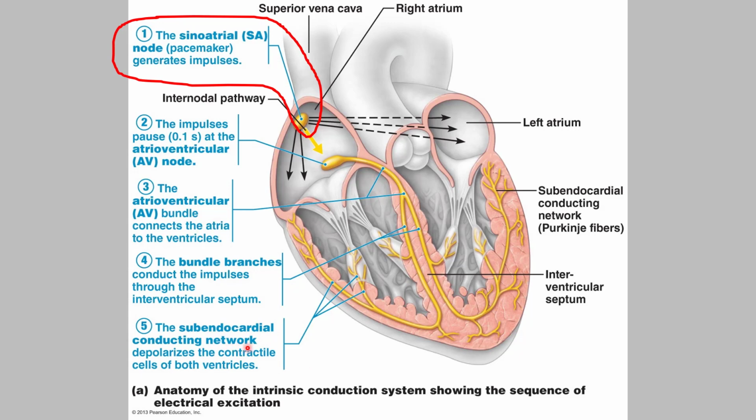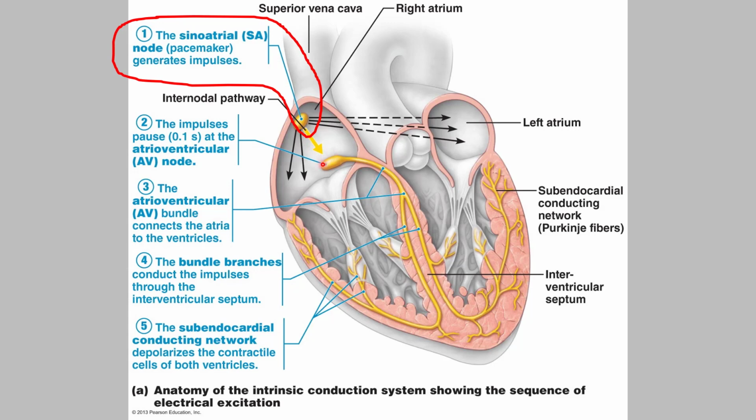Now, what we are going to see in the next lecture is that this SA node generates electricity. It causes its own action potential. And since it's embedded in other types of muscle cells, and all muscle cells are electrically conductive, when the SA node generates an action potential, that action potential is going to spread across and down the walls of the atria.